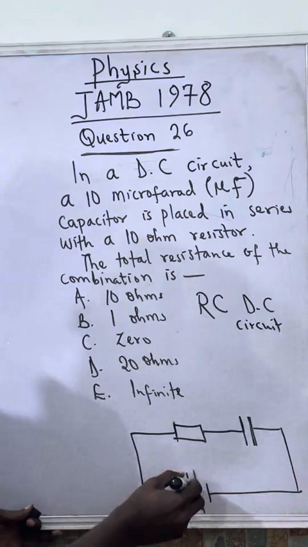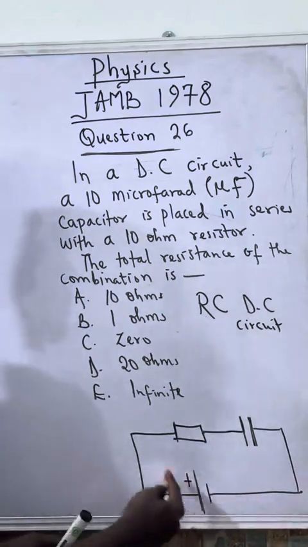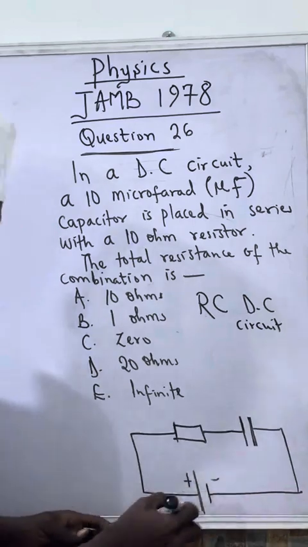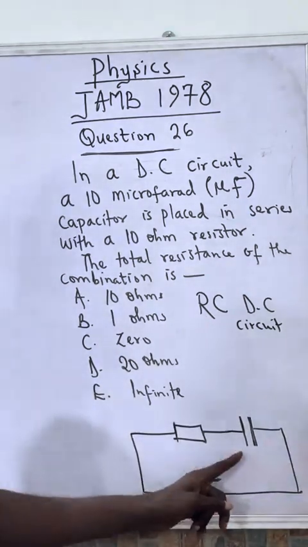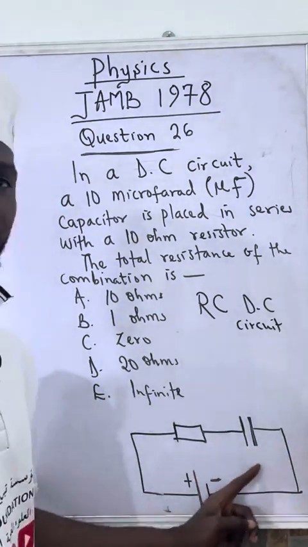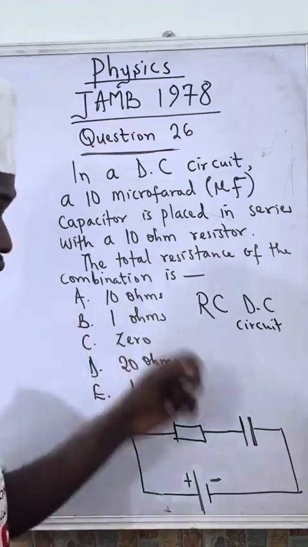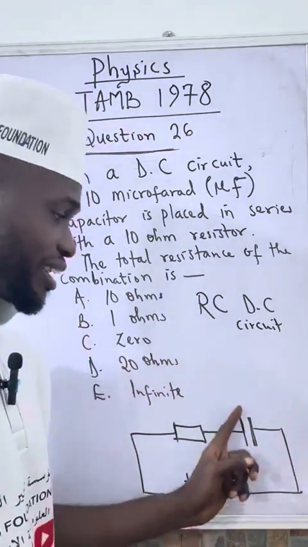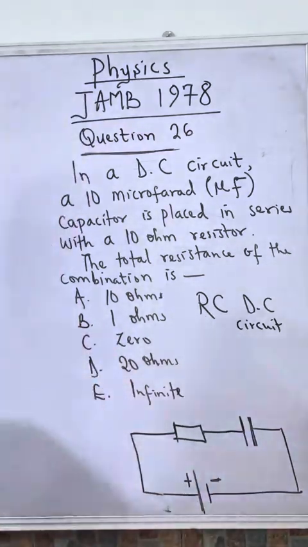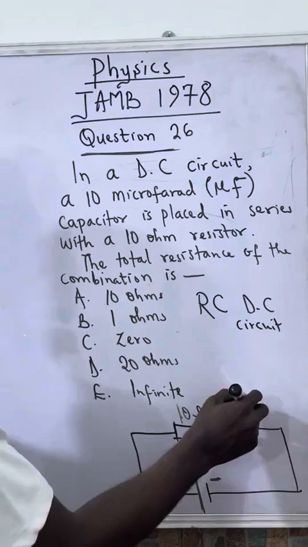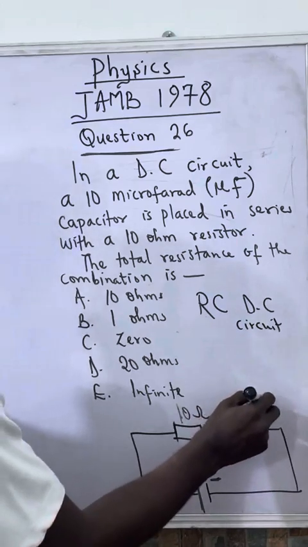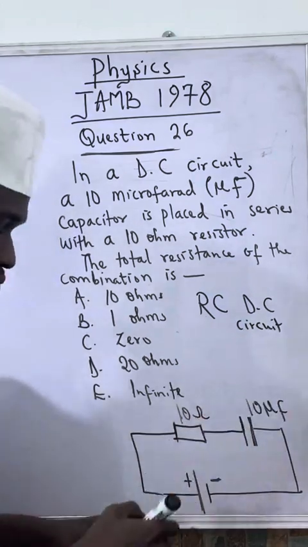This is the positive terminal, which is always at higher potential, and this is the negative terminal, which has lower potential. But for a capacitor, the two terminals are always the same because it's a parallel plate capacitor. Now, this is a resistor of 10 ohms, and this is a capacitor of 10 microfarad.